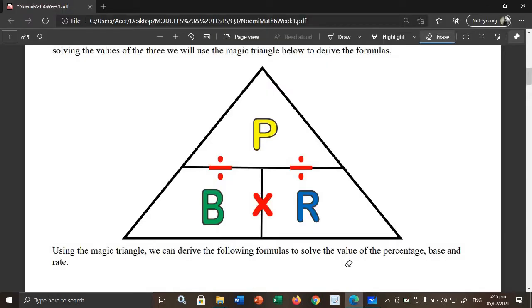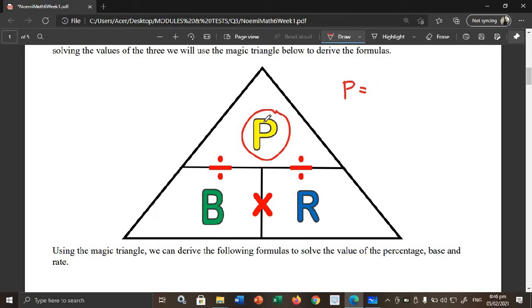So now, let's move on, we will use what we call a magic triangle. Okay? So this is an example of a magic triangle. At the top of the triangle is the percentage, which is the P. And then on the lower left is the base, which is B, and on the lower right is the rate, which is R. So, to know the formula, first, how to find the percentage, we derive it from our magic triangle.